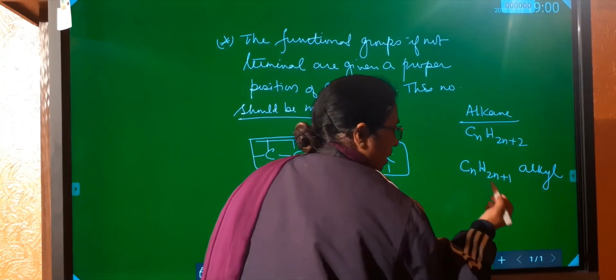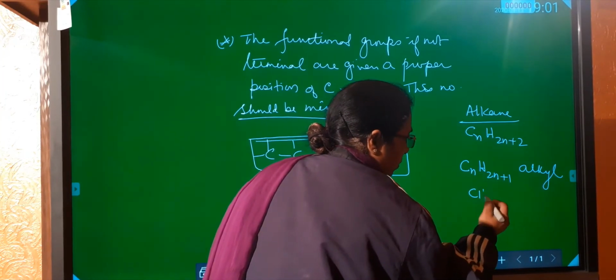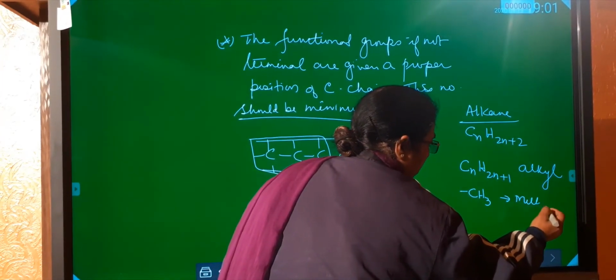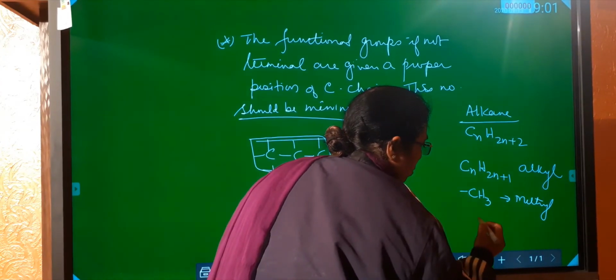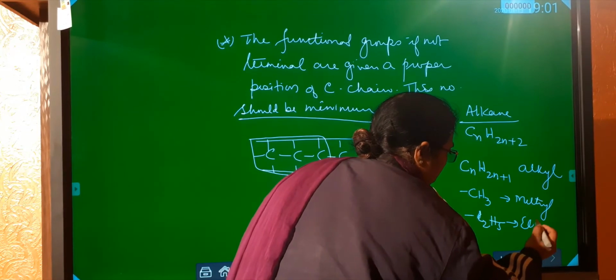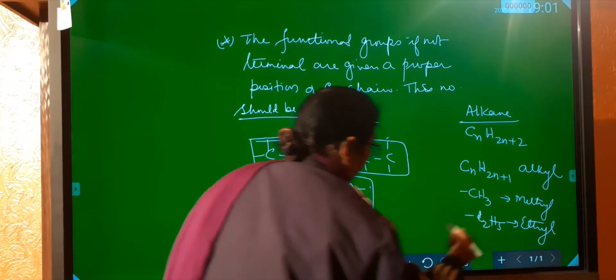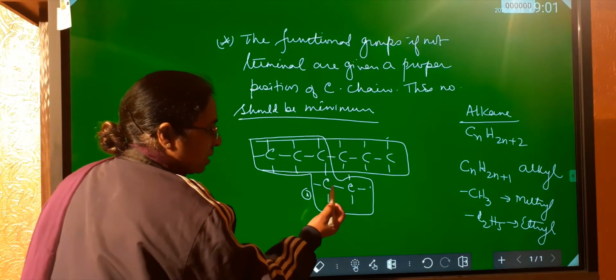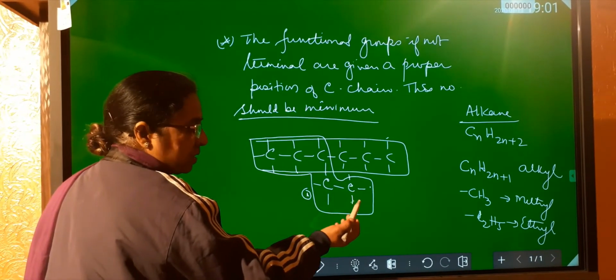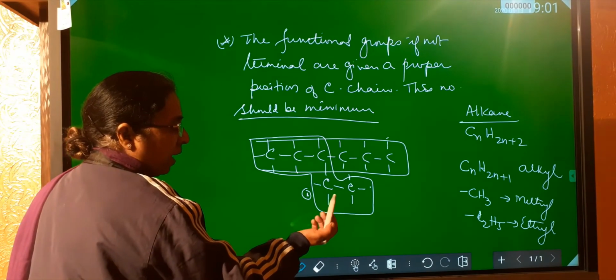So if n is equal to 1, that means this is CH3, then this will be known as methyl. If it is C2H5, then this will be known as ethyl, and so on. So as you can see, this is 2 carbon over here, so this is the ethyl group.